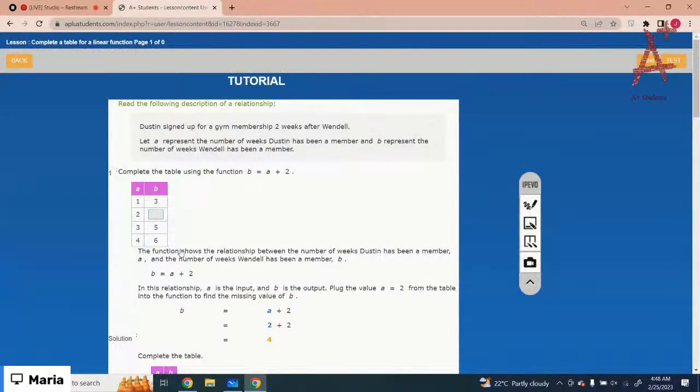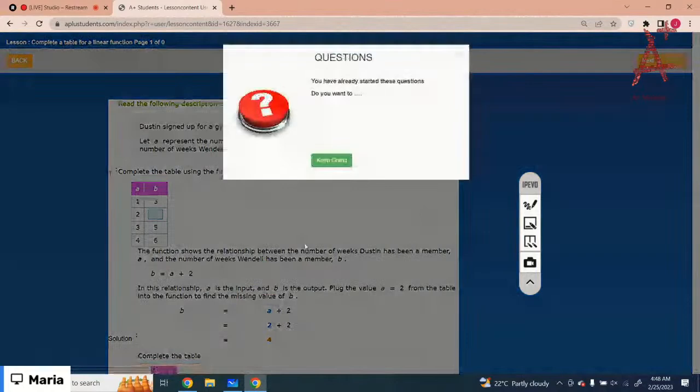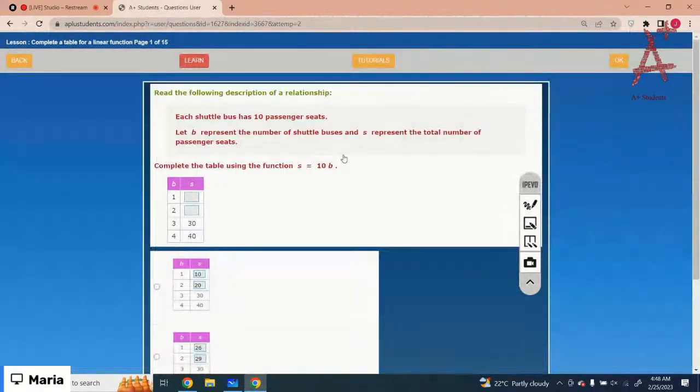Let's just start with the test questions so that we can solve them. Okay, each shuttle bus has 10 passenger seats. Let b represent the number of shuttle buses and s represent the total number of passenger seats.